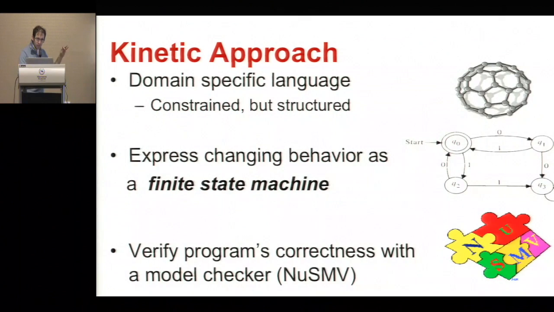The approach is, as I mentioned, to create a domain-specific language. The issue here is that if you look even at the earlier work in SDN, a lot of the control programs, or the controllers, are written in general-purpose programming languages, which is great for software people who are programmers. But as we know, general-purpose programming languages can be very hard to reason about in terms of the properties that they do or don't satisfy.